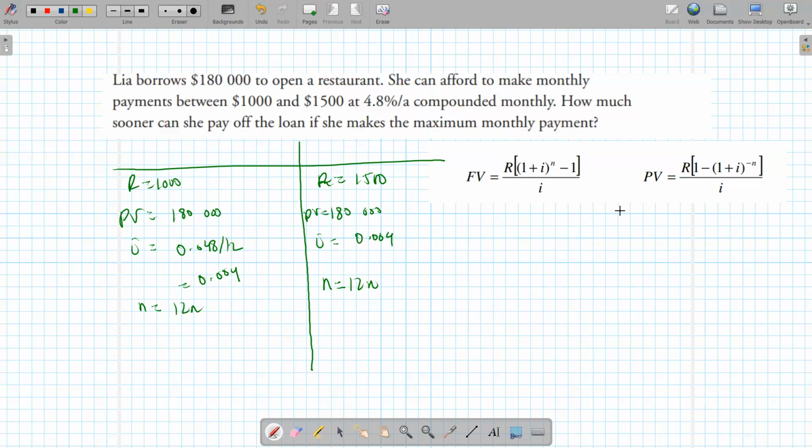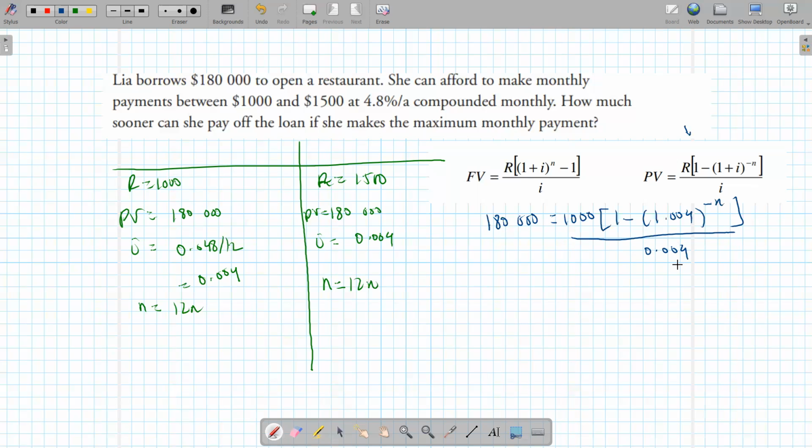So the unknown is n, and we know this is a present value question because she's already borrowed the cash. So we get 180,000 is equal to the R value. We have to do this twice, so let's do it with 1,000 first: 1 minus 1.004 to the power of negative n, all over 0.004.